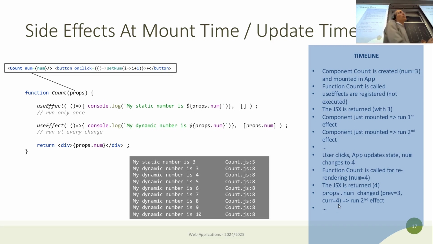React remembers the previous value, sees that it's different from the current value, and so the code of the second useEffect is run, and we get this console log with 4 as a value. And again for the next times. This is the actual timeline of all the operations that happen inside React.